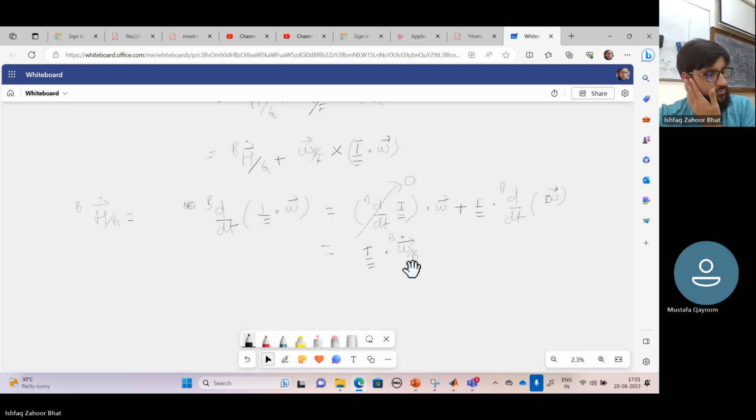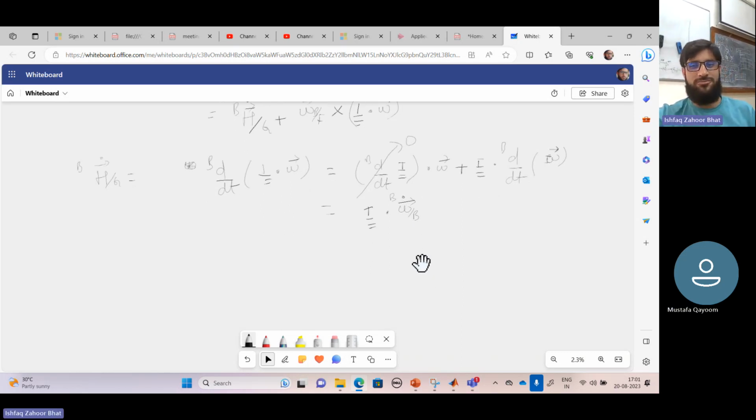Okay, so 0? No, it is not 0. Let us see what this is equal to. So we have Q in fixed frame is equal to Q in body frame plus omega body cross the vector.